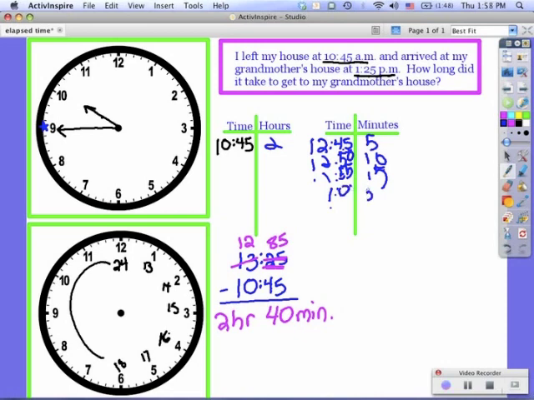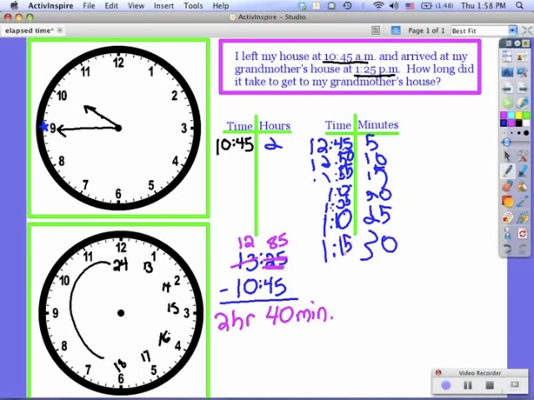And 20 would make it 1:05. 25 would make it 1:10. 30 would make it 1:15.